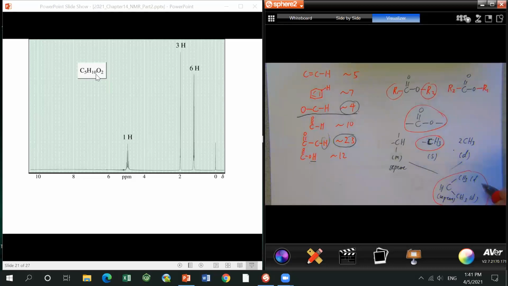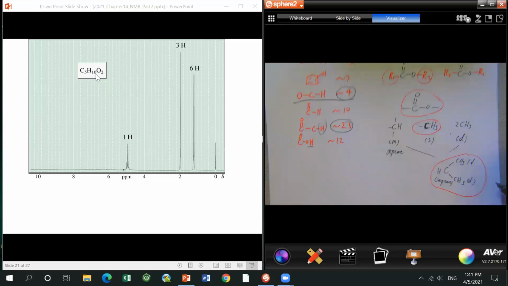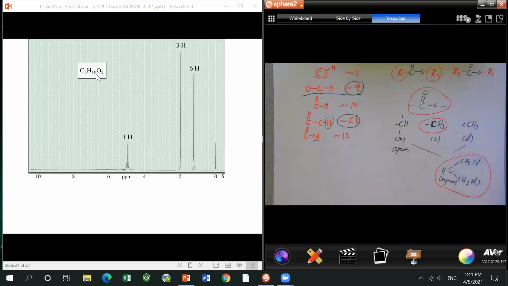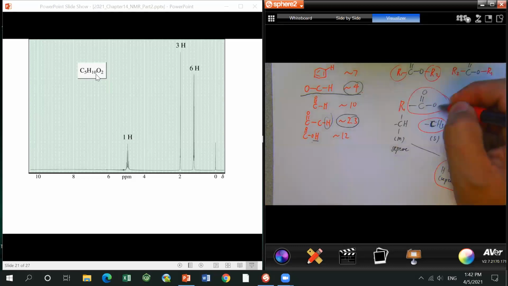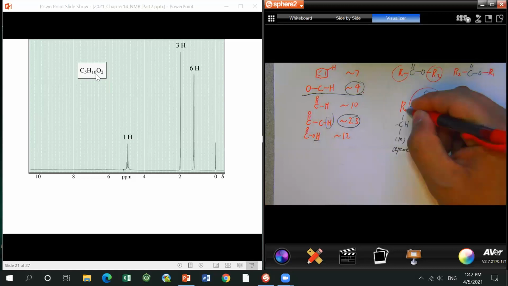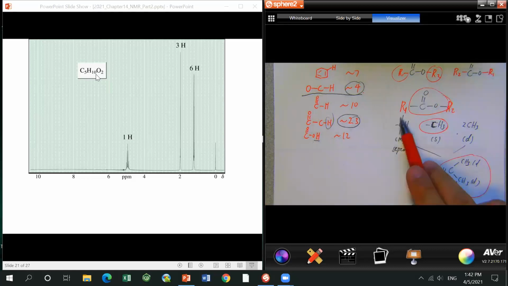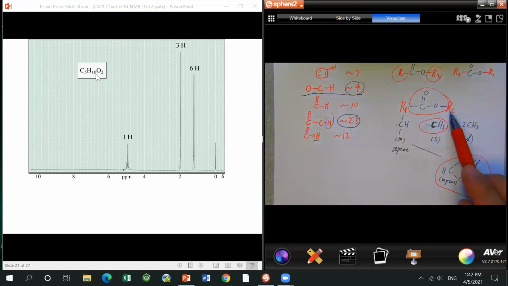Now my question for you: we have R1 and R2. Which is R1, which is R2? Which one is bound to the carbonyl, and which one is bound to oxygen? We just learned this.